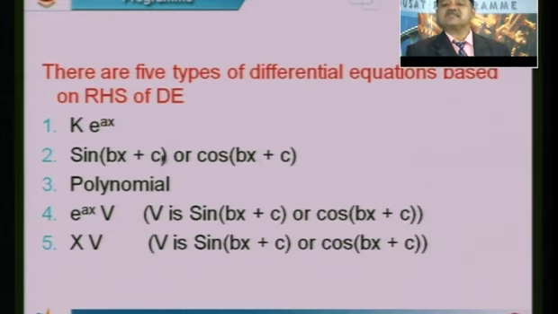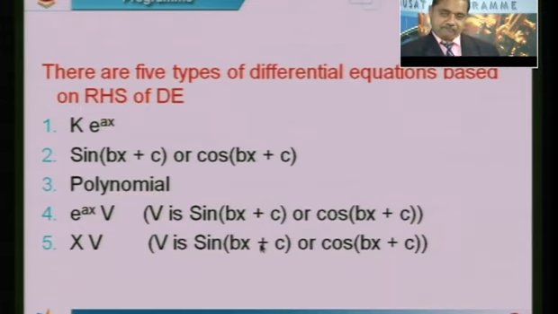That means the process is the same for both the trigonometric functions. Third is polynomial of degree n. Fourth is e power ax into v, where v is sin or cos. Fifth one, x into v, again v is either sin or cos.